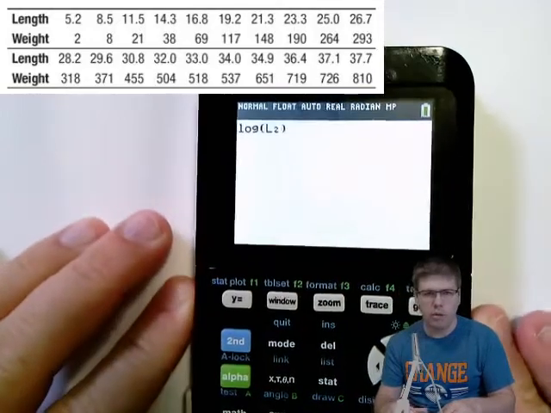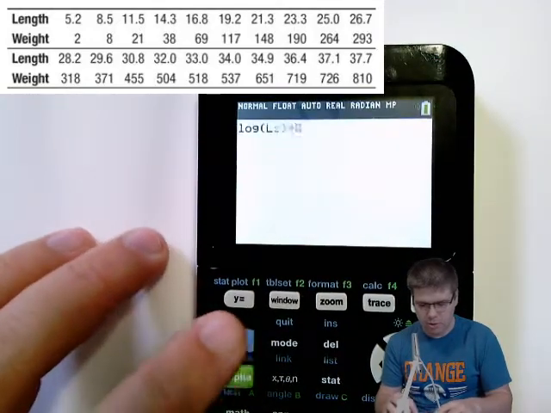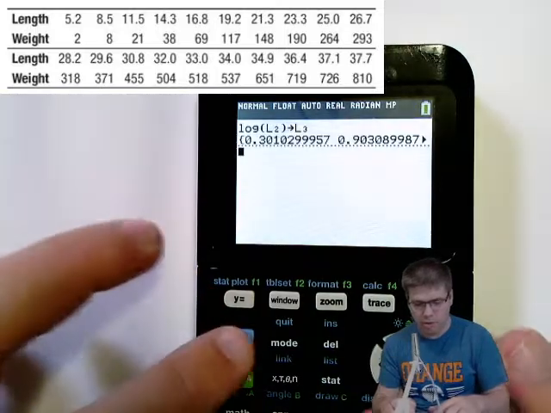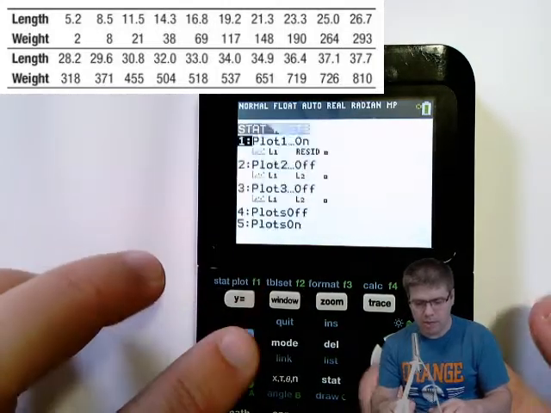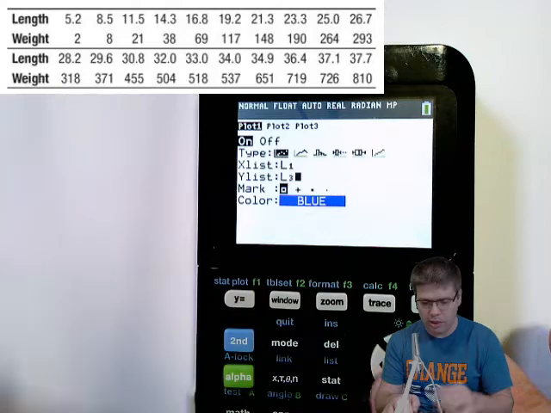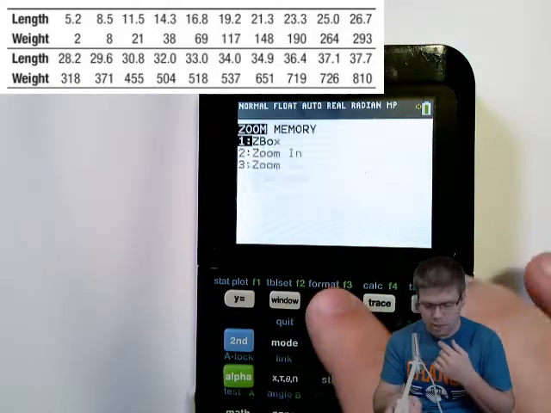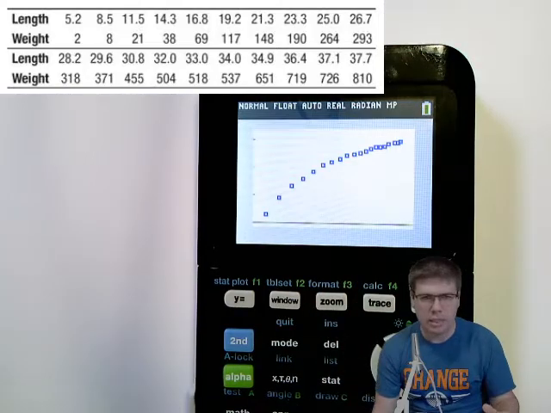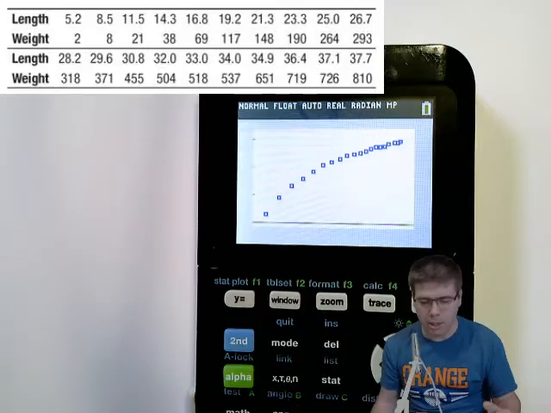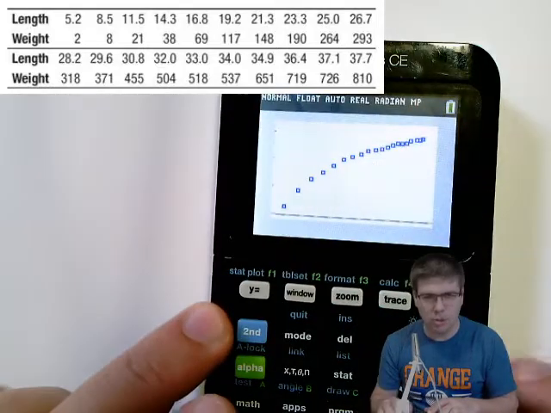So I'm going to take the logarithm of all my L2 values and maybe store those into L3 and follow that process. And so maybe I can make a plot of L1 and the logarithm of my y values. And so we try that, and okay, it changed it, but it doesn't look super linear, right?